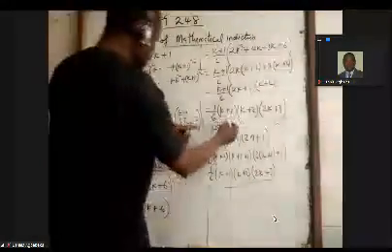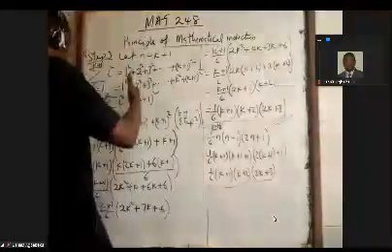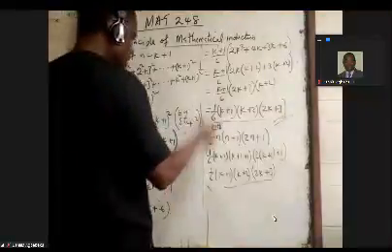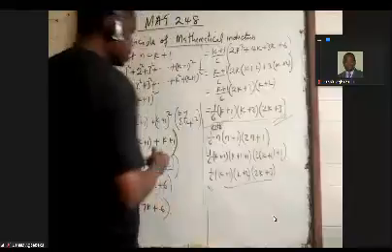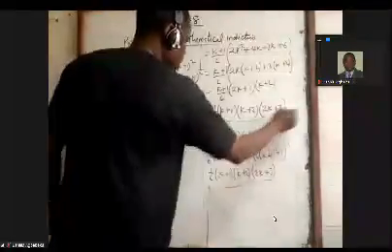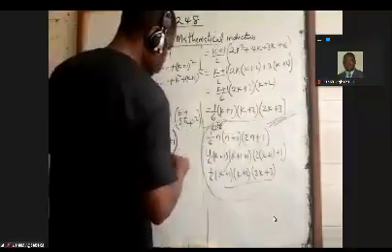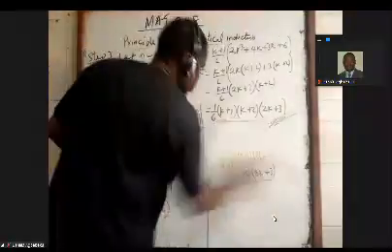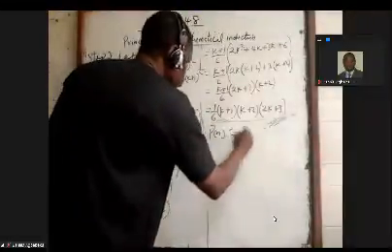That's number 1. And number 2 says prove that 7 raised to the power 2n minus 9 is a multiple of 2 for all n, the set of natural numbers.